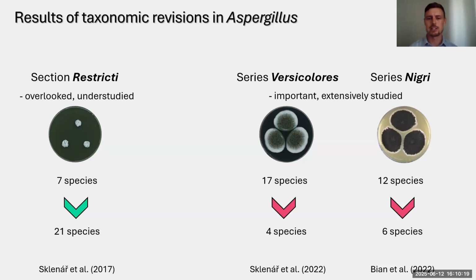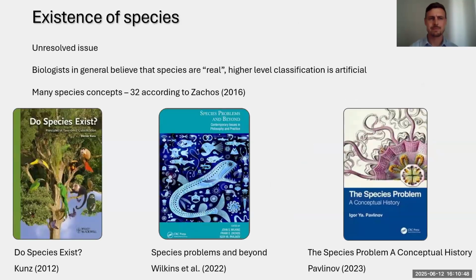Based on our revisions, we decided that the actual number of species should be lowered quite rapidly, most of all in the series Versicolores, as you can see, from 17 to 4. So these are the basic results of our work, and later I would like to show you at least something of how we got to these results.